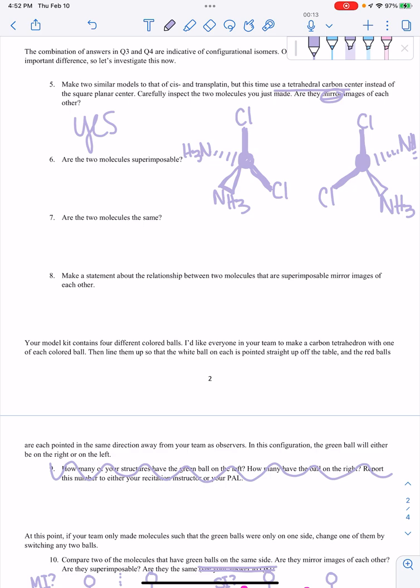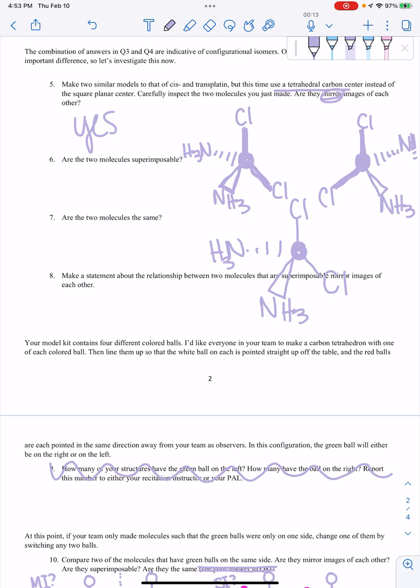would be, running out of space here, the wedge and the dashed wedge here. And so this is really where those molecular model kits come in handy, so you can see that rotation in 3-dimensional space.